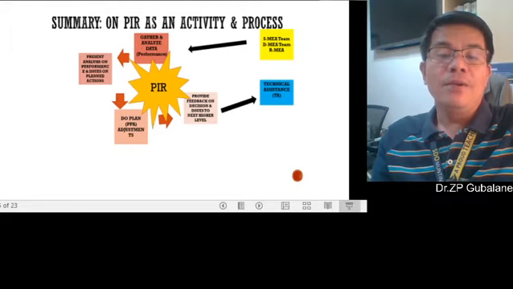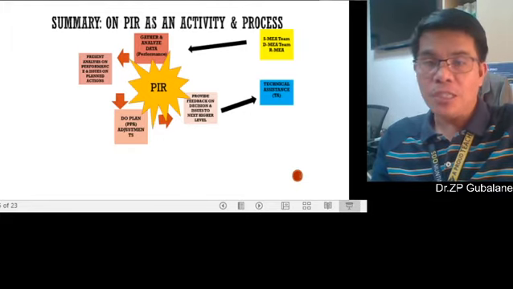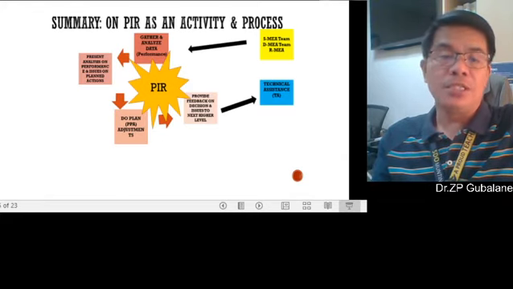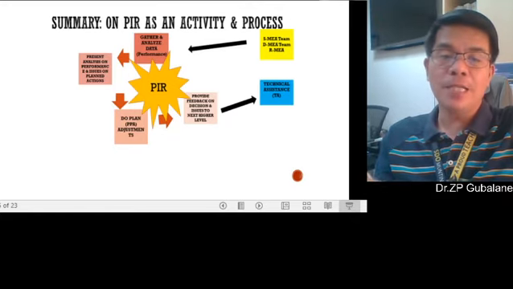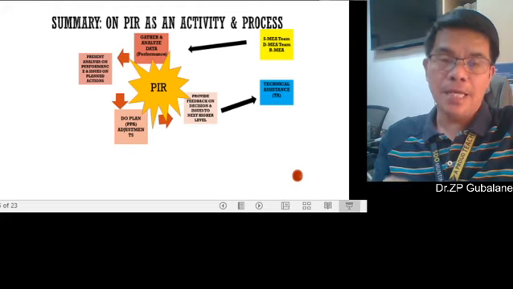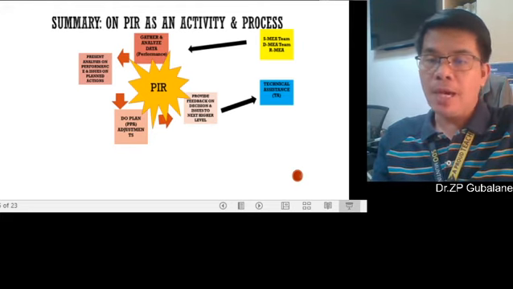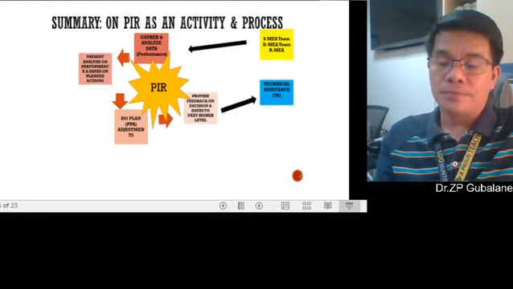And then the higher level officials will conduct technical assistance to the concerns, to the issues, to the problems, to the gaps. So that completes the cycle. And that cycle is actually the PIR cycle.